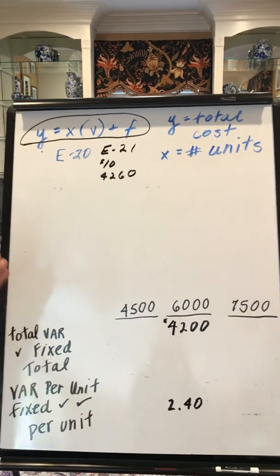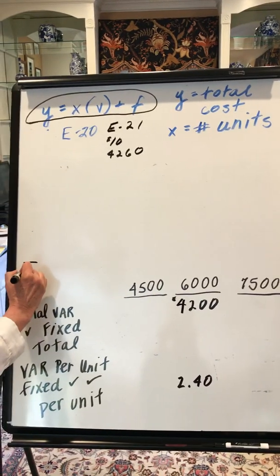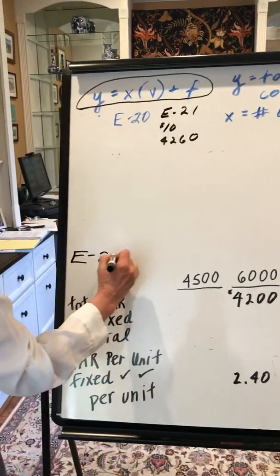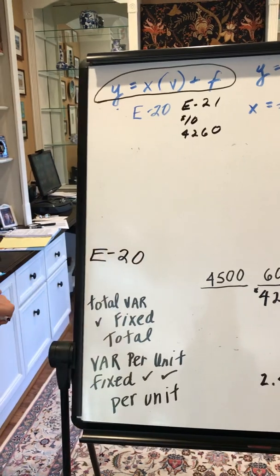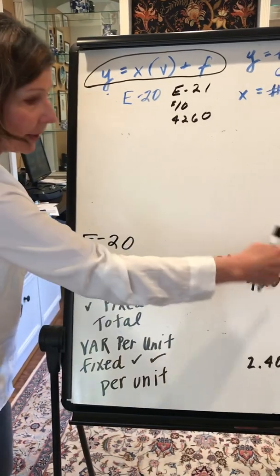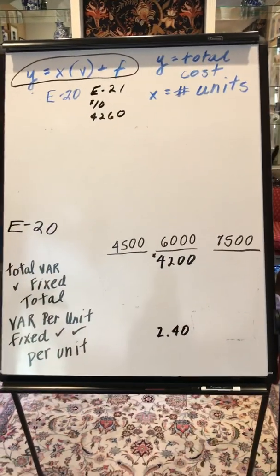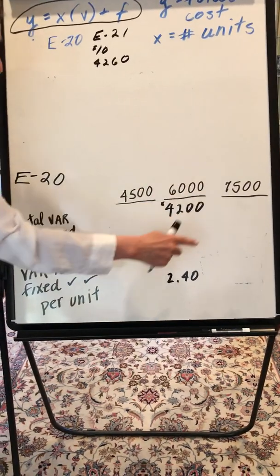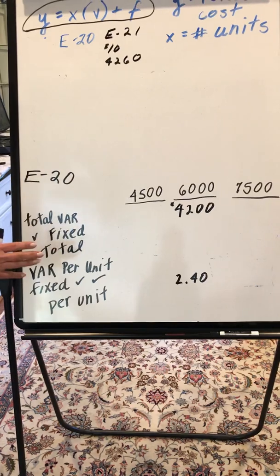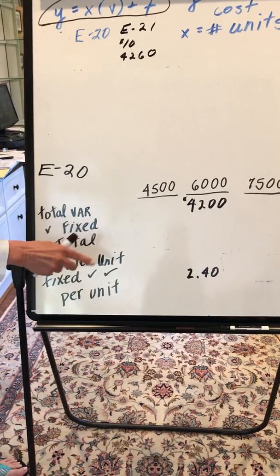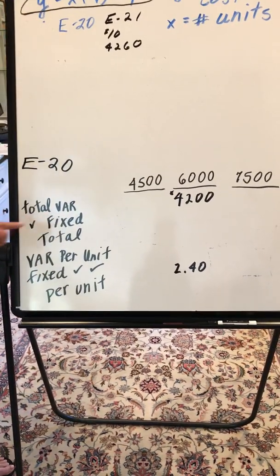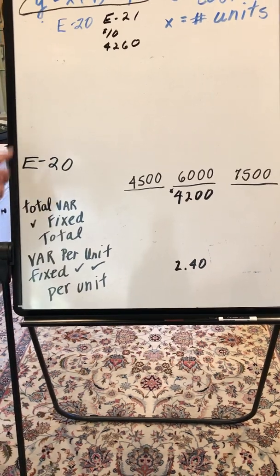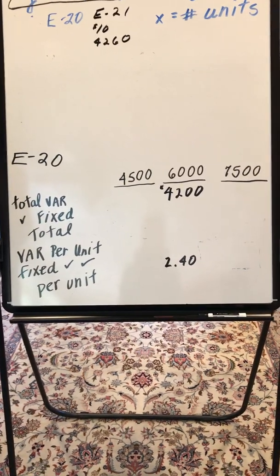Here's problem number 20. This is a company that is cleaning garments, and I've put here on the board what you will have in your book. You're given part of the information. Again, it's like a puzzle. We will ultimately turn this into an equation, but first, let's complete the puzzle.